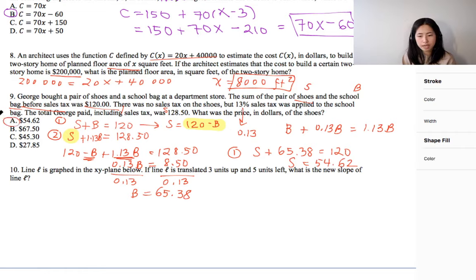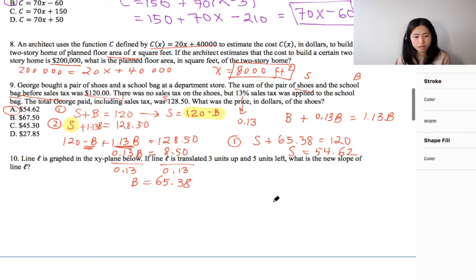So that's going to be A. Again, typically we would pay 54.60, but just so we can be exact in terms of rounding, and because one of the options gives us 54.62, we're just going to keep it as 54.62. And this is in dollars. Great.